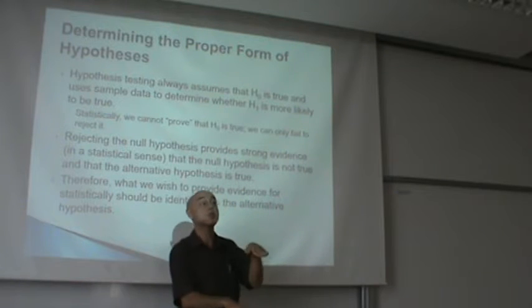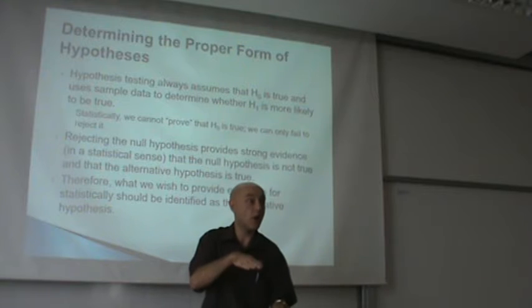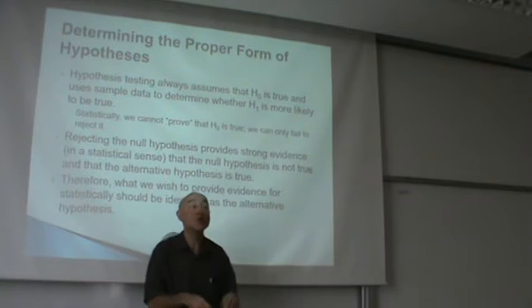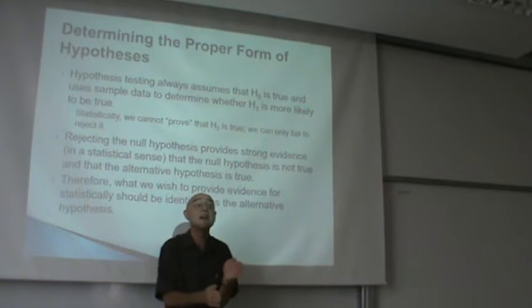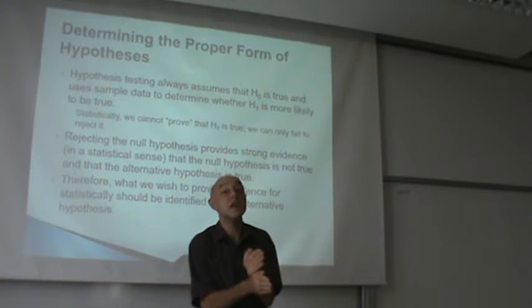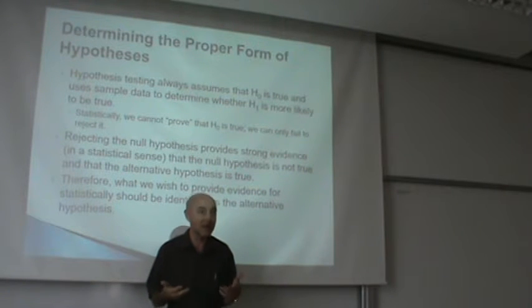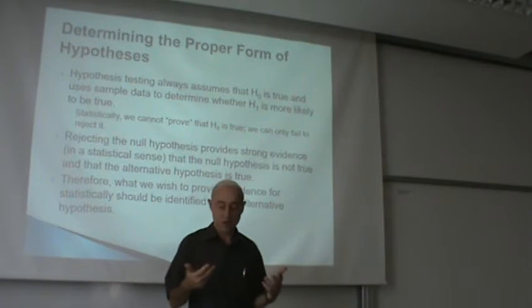Maybe boys are taller than the girls, maybe not. Maybe the girls are taller than the boys. So you want to get the statistics and reject the null hypothesis that they are equal. Now you have strong statistical evidence that they are not equal.